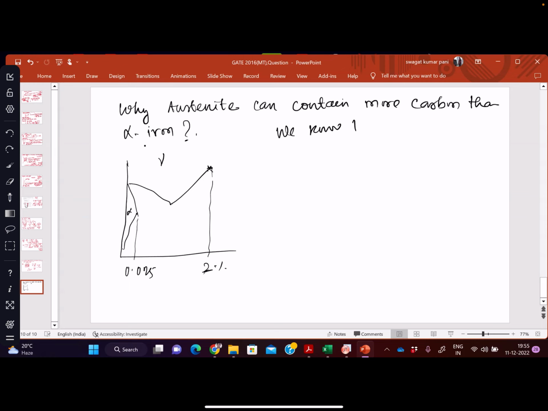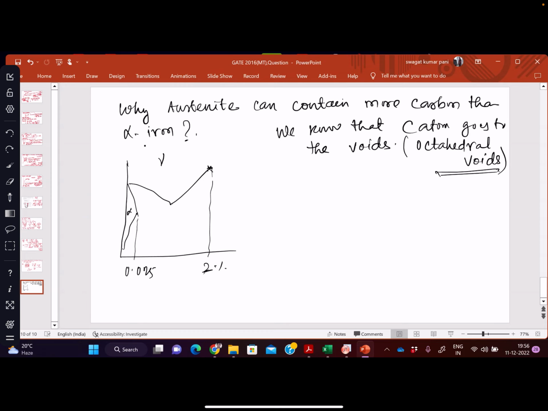We know that carbon atom goes to the voids. Octahedral voids, because it is symmetrical in FCC.